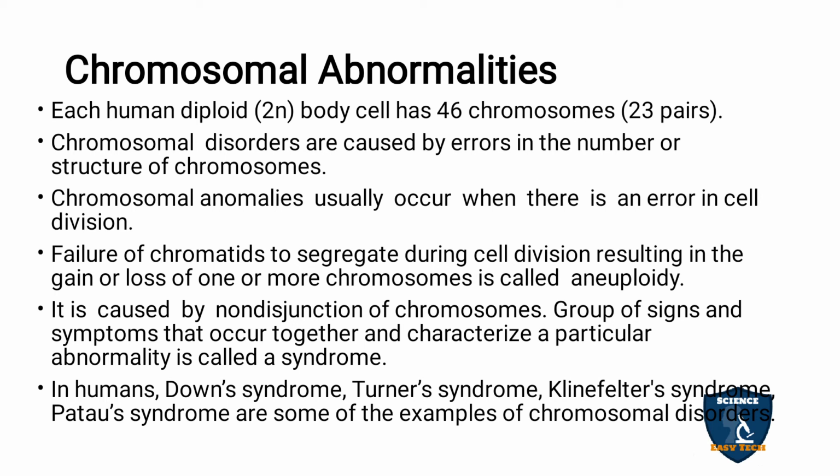Groups of signs and symptoms caused by a particular chromosomal abnormality are grouped together and called a syndrome. In human beings we are going to see Down syndrome, Turner syndrome, Klinefelter syndrome and Patau syndrome. These are examples of chromosomal abnormalities.